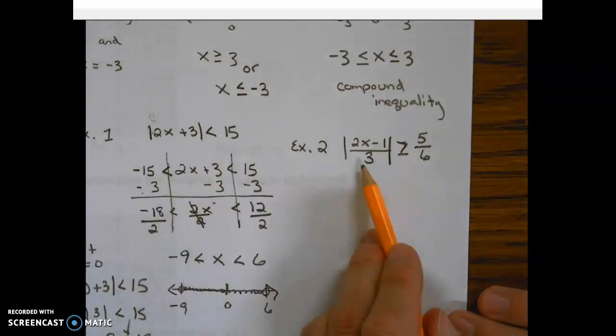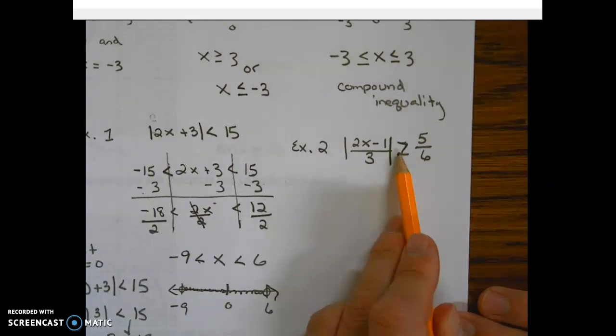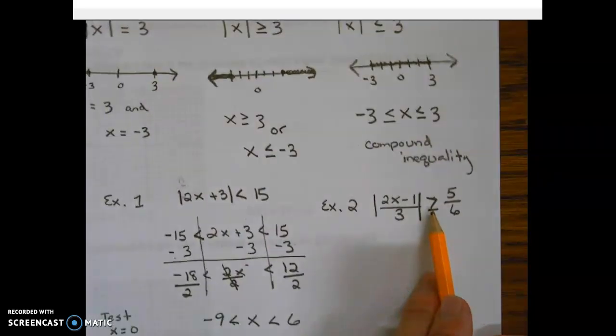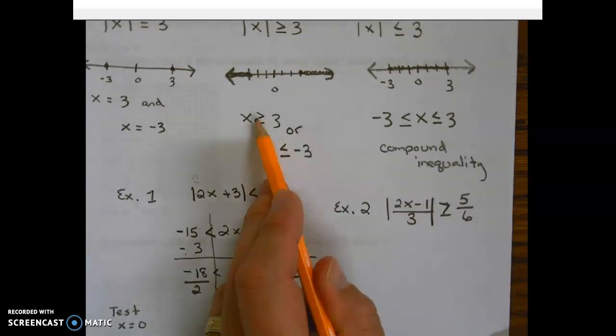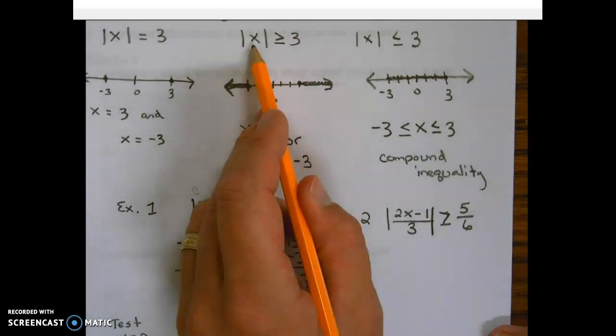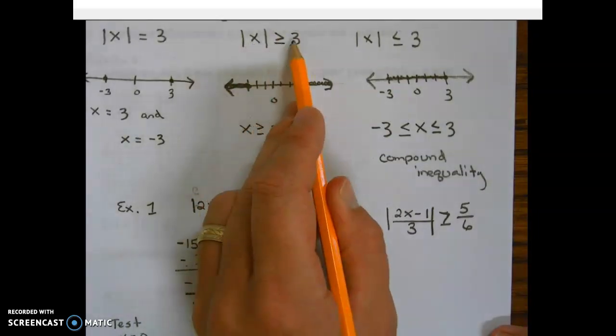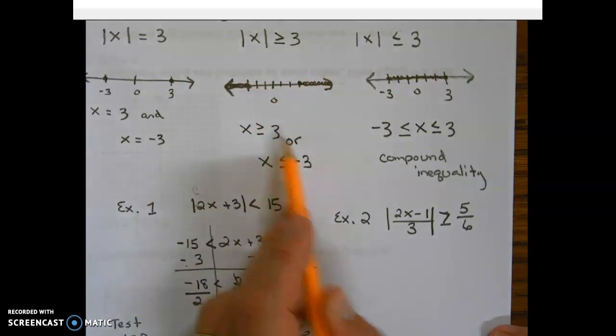So when you look at this, it's a greater than symbol. So looking back at our 3 examples, this is the example that we want to follow. So we want to set what's inside greater than or equal to the positive value. Okay?